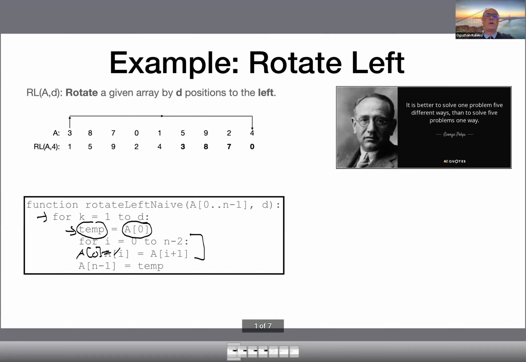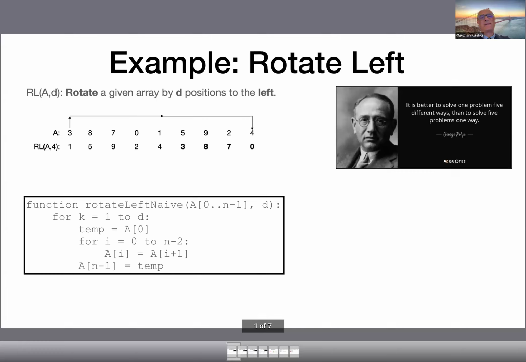A0 will be equal to A1. That means I have overwritten A0, but no worries, it's already saved in the temporary variable. Once I shift everything to the left by one position, I will insert the saved element, which is A0, to the nth position. So this is the way it works.